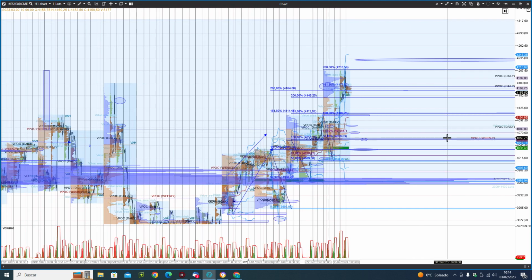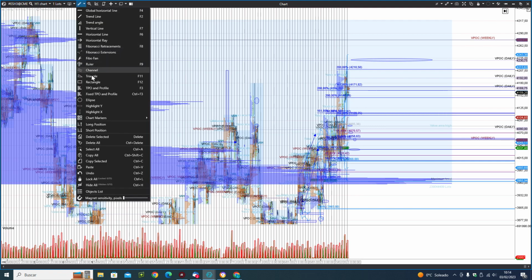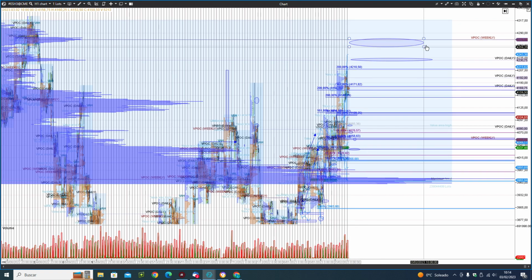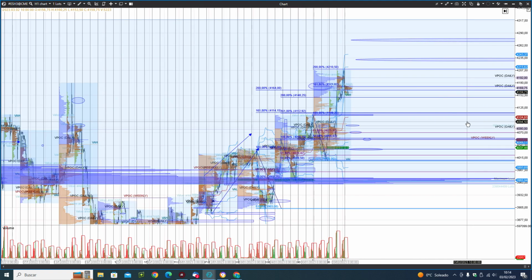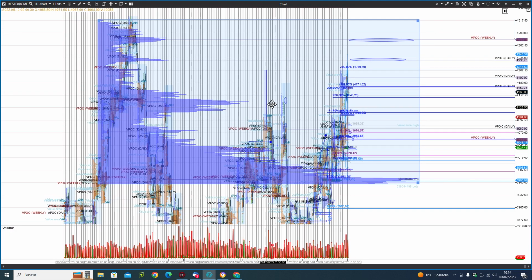So these are the higher targets. Let's mark it, and so we have the reference. You can see this high volume node, a dominant high volume, at 4,139.